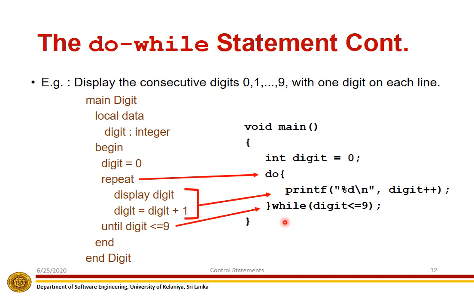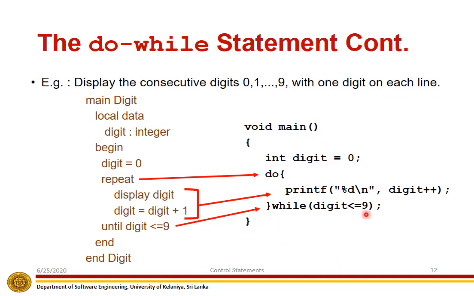Okay, now we will trace this code. First, int digit is equal to 0, so it will print the 0, and 0 plus 1 is 1. Then check the condition, 1 is less than 9. So again print 1, then 1 plus 1, 2. Then again check the condition, 2 is less than 9. This will continue until 9.